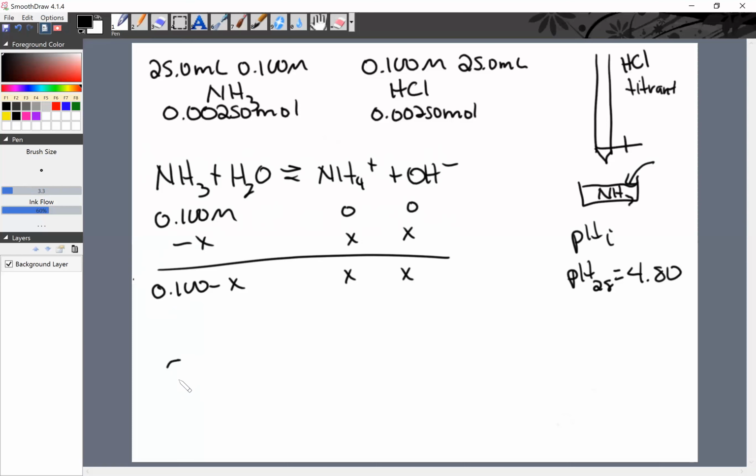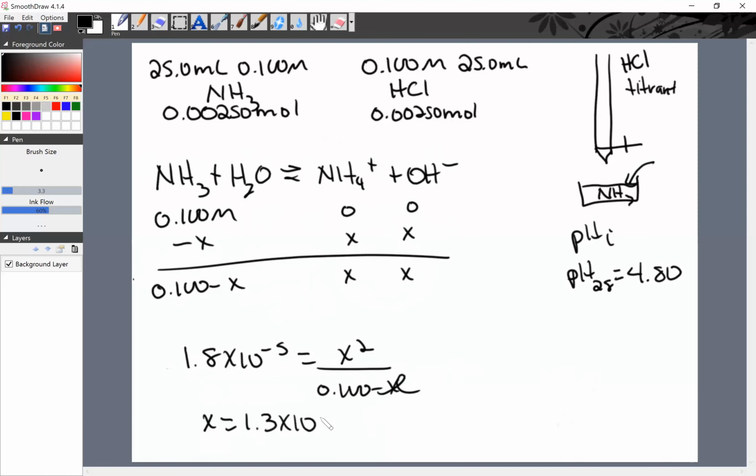It is 5.6 times 10 to the, nope, that's 1.8 times 10 to the negative fifth. x squared over 0.100 minus x. Ignore the x. The x should come out to be 1.3 times 10 to the minus fifth, I believe. Somebody check that. I've got negative 3. Negative 3, thank you.